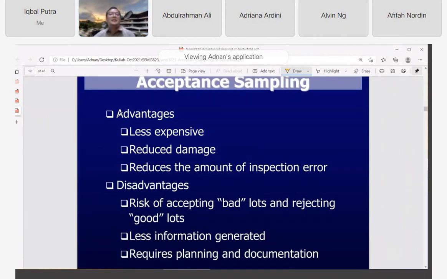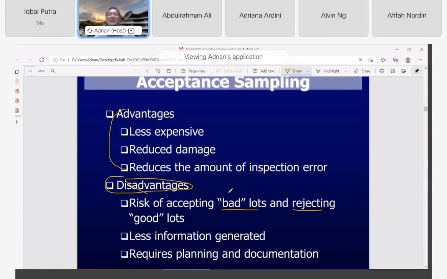Okay, there are many advantages. It's quite general, less expensive, reduces damage, and reduces inspection error. What are the disadvantages? This is the risk here. The risk is accepting bad lots and rejecting good ones. When you accept a bad lot, because you are doing sampling, you accept it, but actually there are a lot of bad units in that lot that has been delivered.